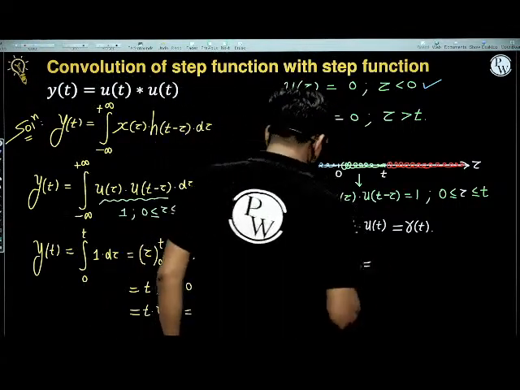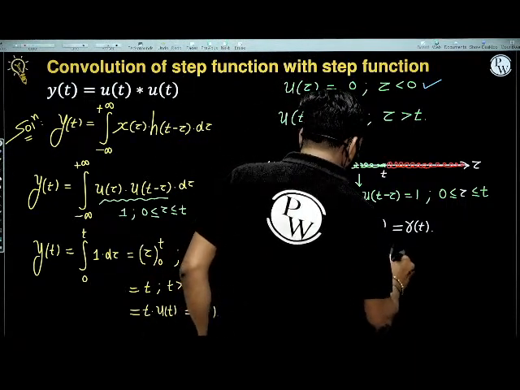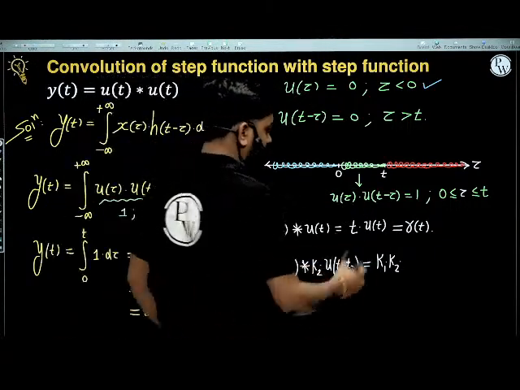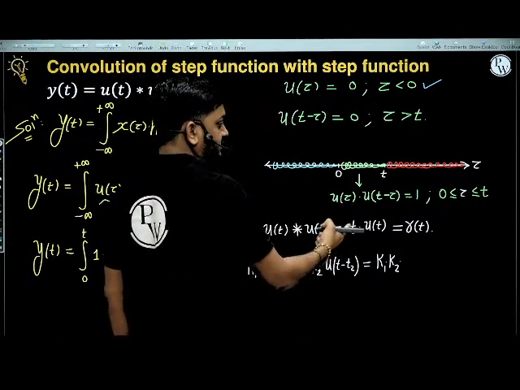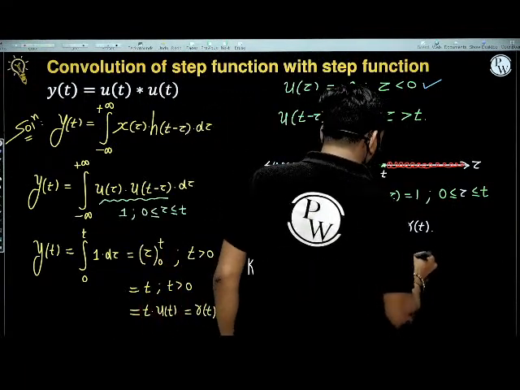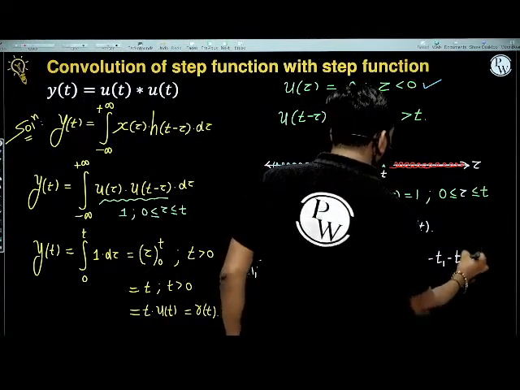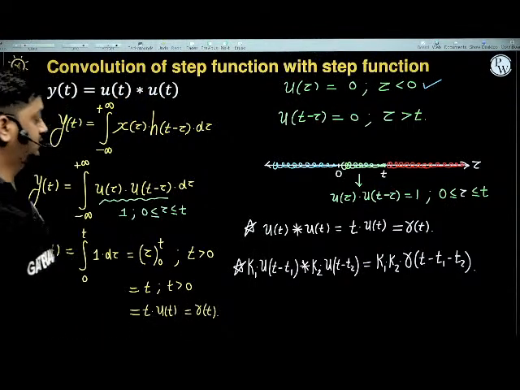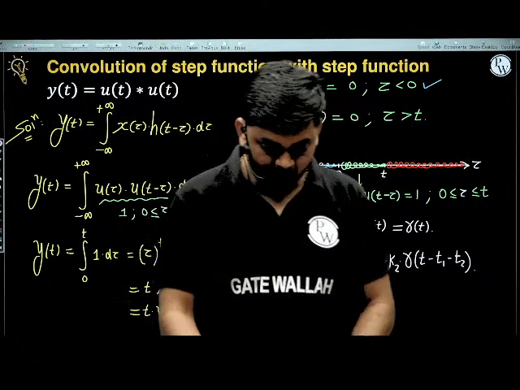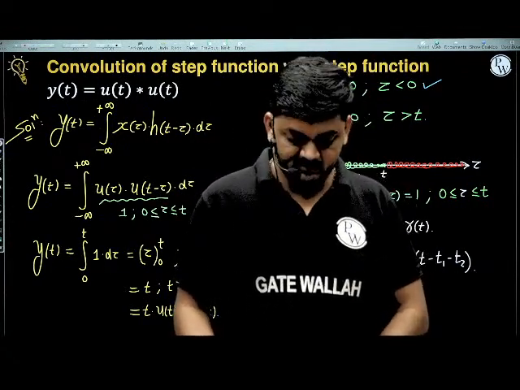So the answer is k1 into k2 into r of t minus t1 minus t2, where t becomes t minus t1 minus t2. So this is also a very important result, guys. Is this clear, guys? Fine.